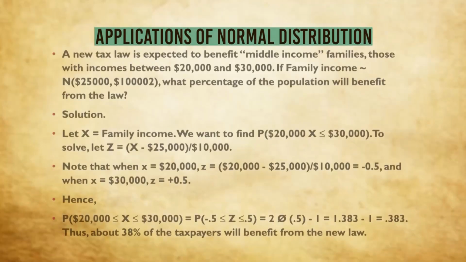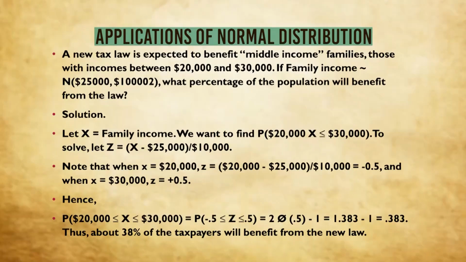In the next example also, we can find the probability in a very easy manner. We know that family income follows a normal distribution with mean $25,000 and some standard deviation. So we have to find the percentage of the population that will benefit from the law.